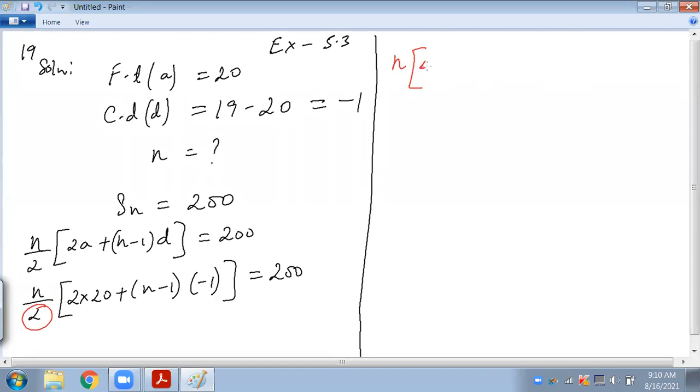20 into 2 is 40. Let's remove the bracket. n into minus 1 will be minus 1n, that means minus n. And minus 1 into minus 1 will be how much? Plus 1.